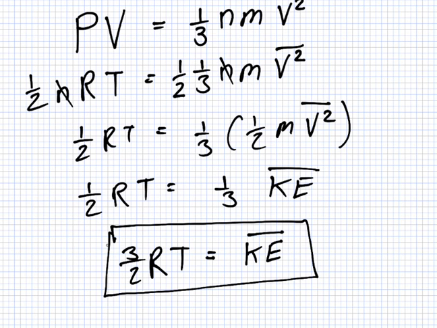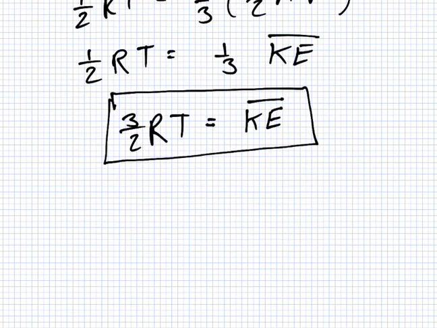That was the result I was trying to get to. Now, if you drop this constant, you get this result: that temperature is proportional to average kinetic energy. This is not in the formula book.